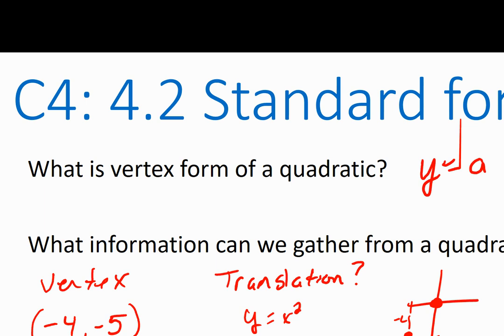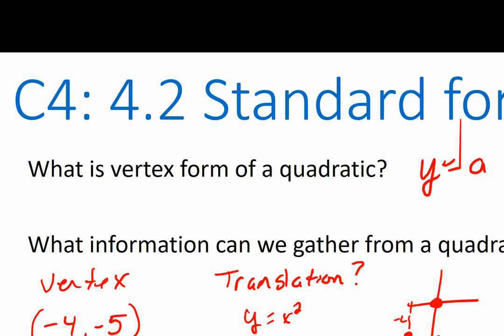But how I think about it is it's jumping up in the y direction faster because I'm multiplying each point by 3. When I do like that half, it's getting wider because I'm going up half as much every single time. All right, so there's a lot of information we can pull if I give you something in vertex form. I can find the vertex, I can see there's a translation, I can see there's a reflection, I can see that the width is changed.